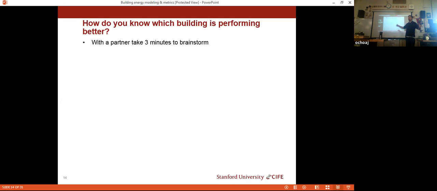But if you have a massive building, heating each of those square feet isn't costing much. So if you take two buildings and compare them, a building that appears to be inefficient may actually just be a really big building, and it's more efficient than it looks, because you would expect a different efficiency based on the size of the building. So take 3 minutes, I'll set the alarm, and try to be creative about how you determine building performance.